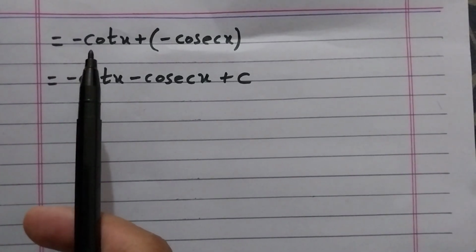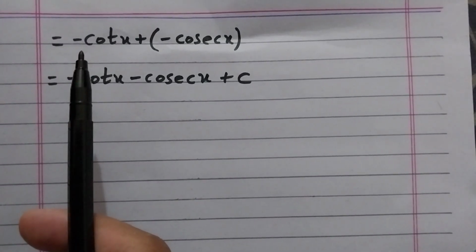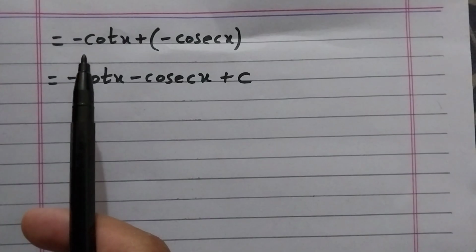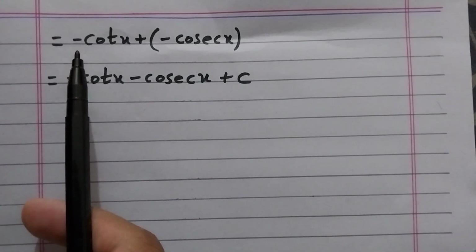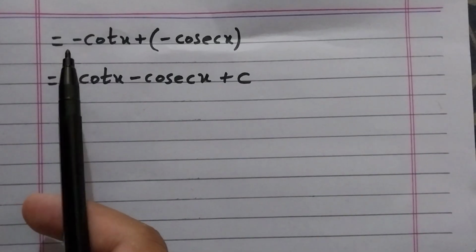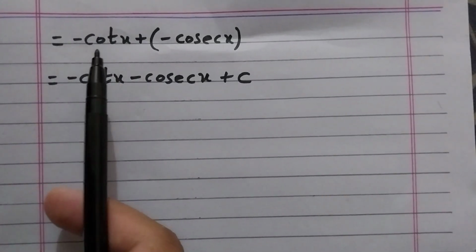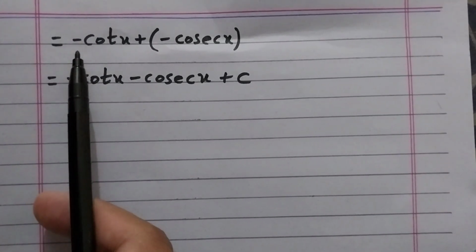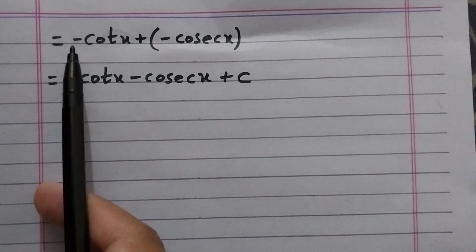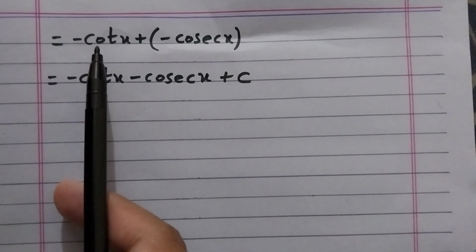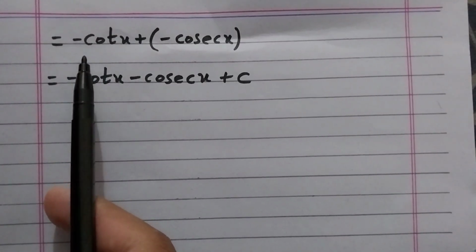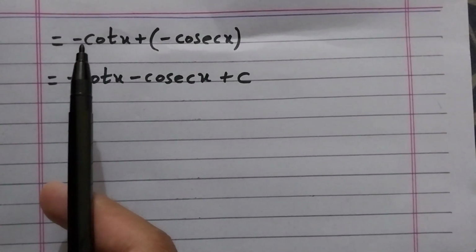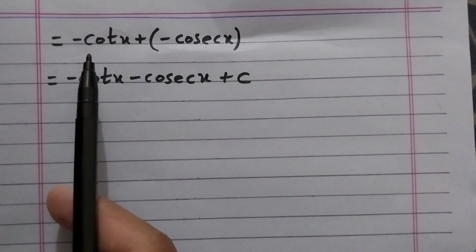So to compensate for the absence of that negative sign, we use a negative sign with cot x, because whenever we take the derivative of this, it will be minus times the derivative of cot x, which is minus cosecant squared x. So it gives us the positive cosecant squared x, and that is exactly what we had here.